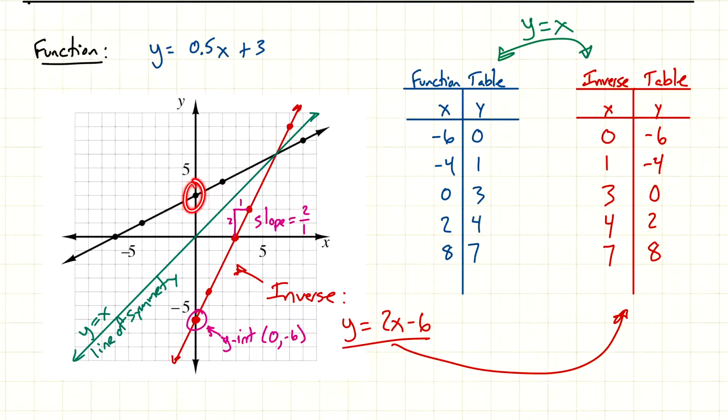I could pick any point on the original line and you could see where it got reflected to the inverse. The only point that stays in the same spot would be the point of intersection. When the inverse function and the original function equal each other, we have a point of intersection.